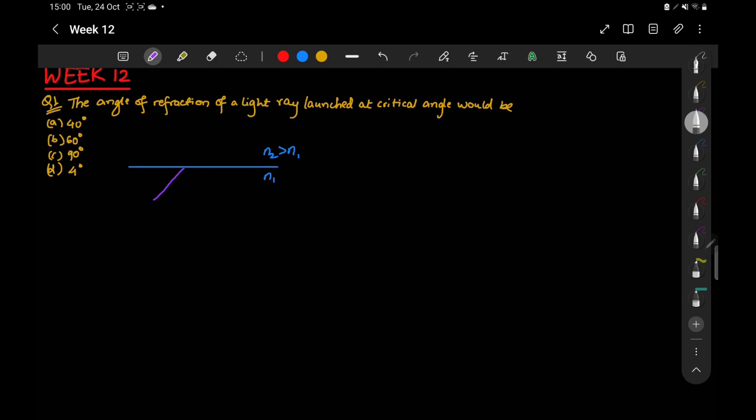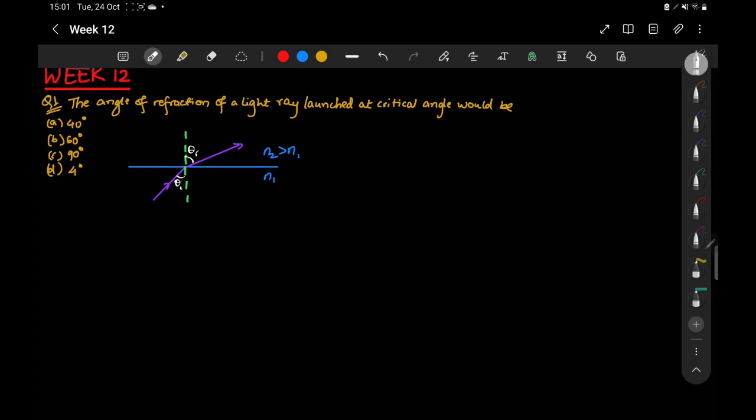Here is the normal. Now this is my angle theta I and this is my angle theta r.